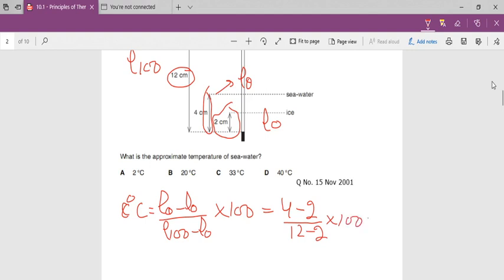So again we will get the answer 20. So in this case, option B will be the correct option. So you have to remember this formula, that theta degrees centigrade is equal to this.